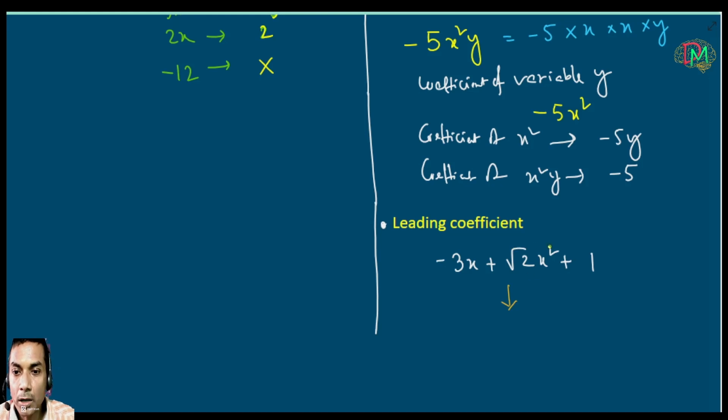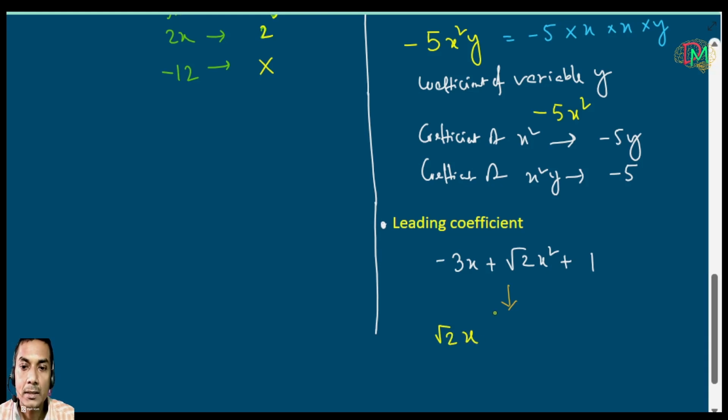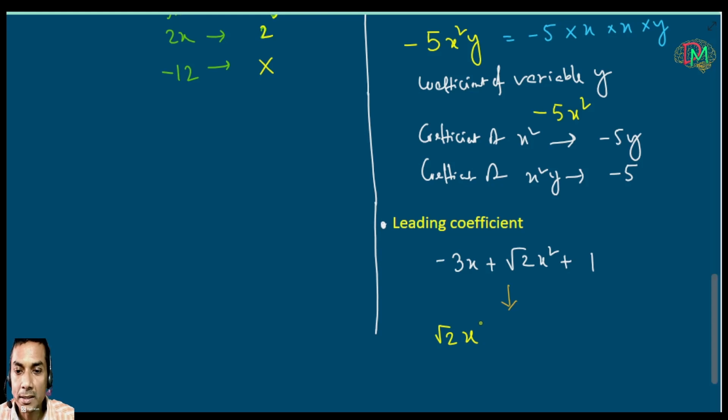So what you have to do is arrange it by power, in descending order. Ascending order, you can do anything, but ascending or descending order. So here I just arranged it in descending order. That is, first the highest power, then 3x, then 1. So this is actually the leading coefficient, because this is the lead, the start of the standard form.